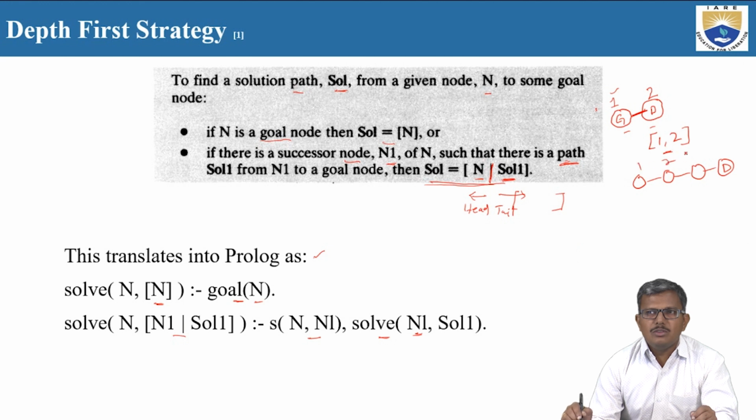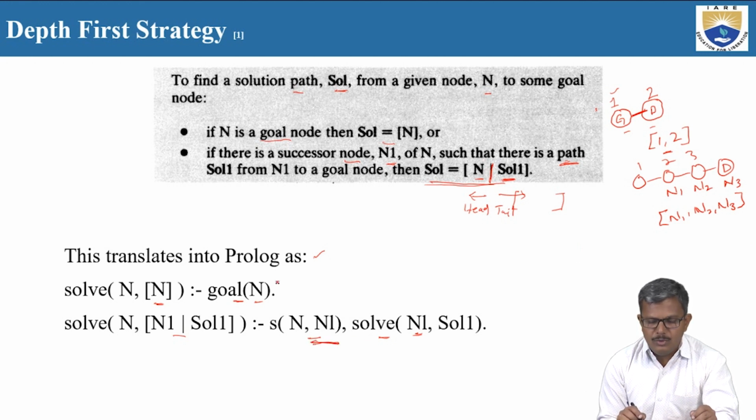If these nodes are 1, 2, 3, we are calling it n1. This can be n2, and this can be n3. So in the list we are going to get n1 comma n2 comma n3, like that. So for these particular cases, this rule is going to be applicable.